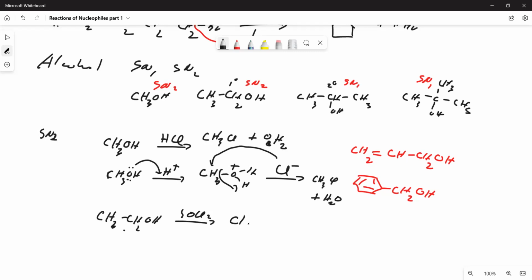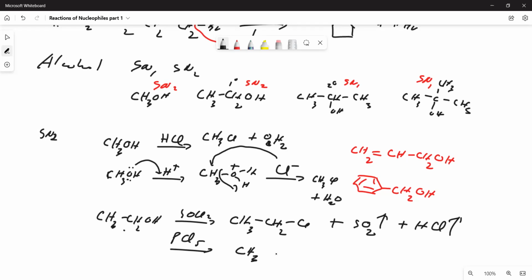This can replace the OH with chlorine, and the byproducts are all gases, sulfur dioxide and hydrogen chloride. Okay, so the reaction is shifted to the right. Similarly, you can also use PCl5 for this one. Instead of thionyl chloride, you will also produce alkyl halide. So these are optional reagents to convert alcohol to alkyl halides.